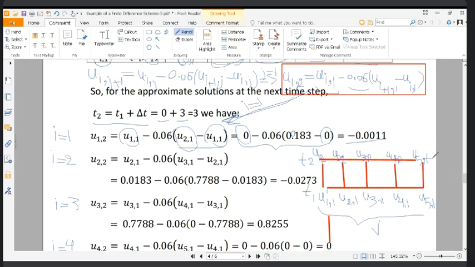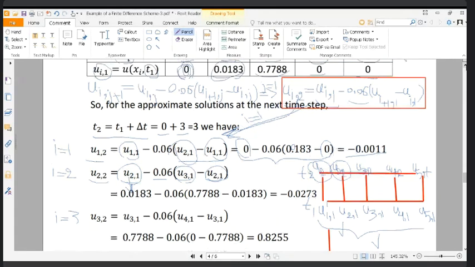Okay? First, u1,2. We compute this value, and the value of this point is minus 0.0011. For the next point, u2,2, the formula is u2,1 minus 0.06 (u3,1 minus u2,1). All of them are the values of u at T1, and the values of u at T1 are known.